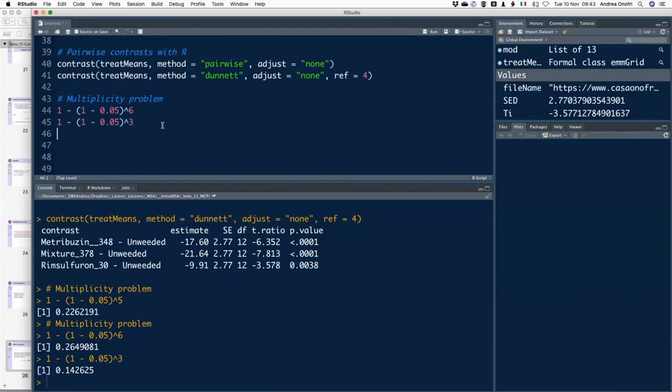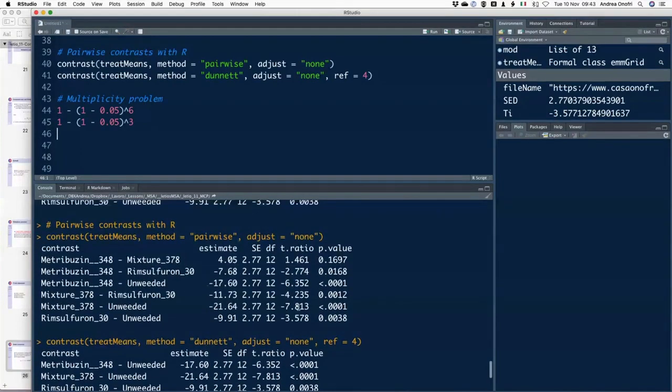So, for example, let's take this p-value here, 0.0038. This would be the comparison-wise error rate. We transform it into a family-wise error rate by using such an inequality.